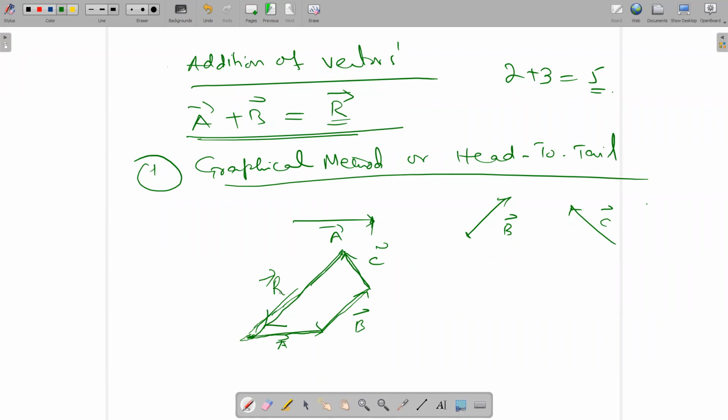This is wrong. Its direction will be like this one. So if you have two vectors, their resultant will be this one. What will be the direction? Direction will be this one.